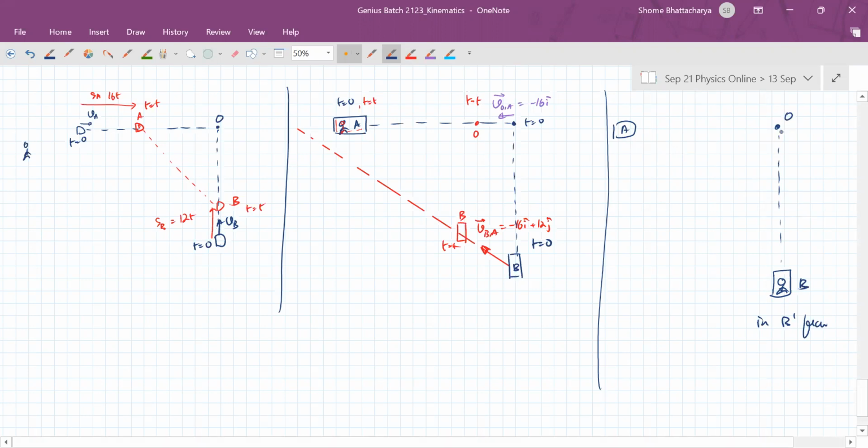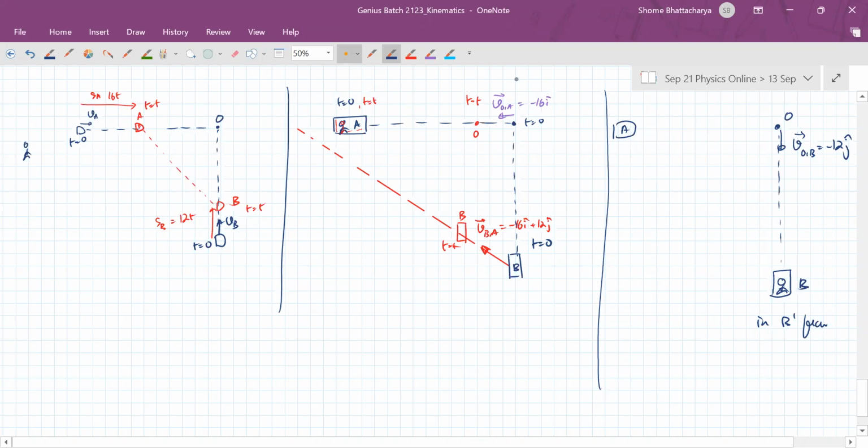The intersection point is moving like this with respect to it. It is having a minus 12 j cap kind of velocity. Okay. And the car A is having a velocity which has 16 i cap component and 12 j cap component.